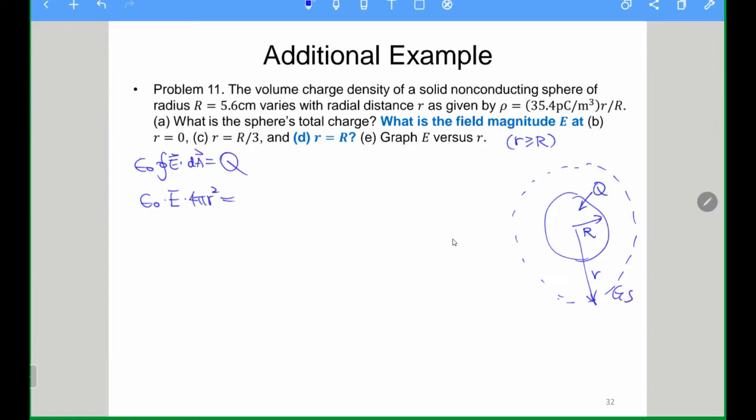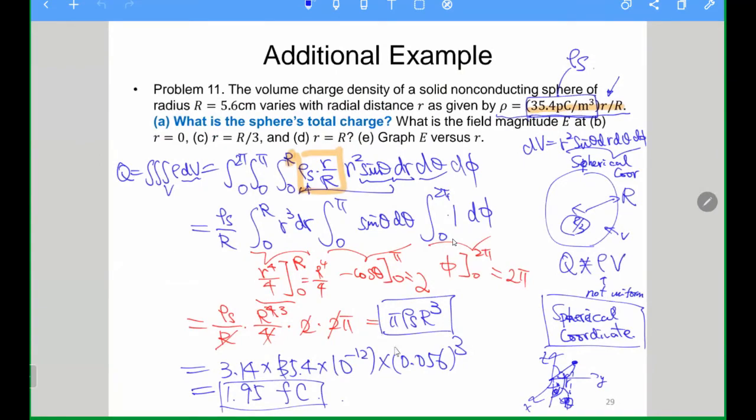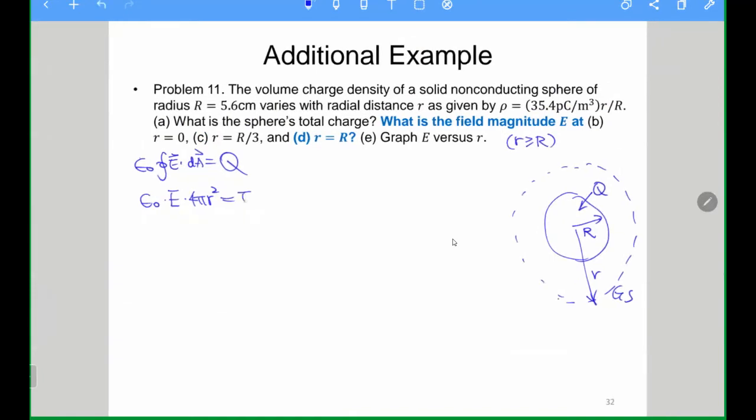And then Q is this one, 4/3 pi rho s R cubed.